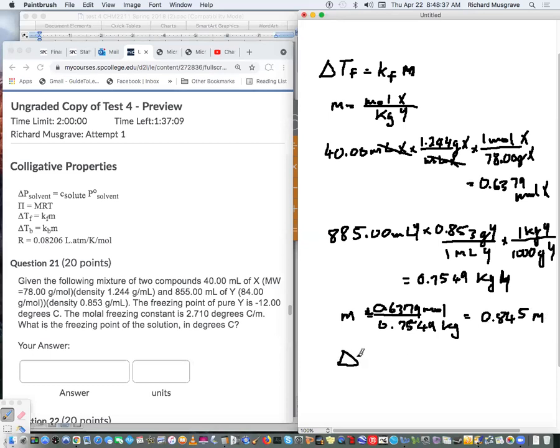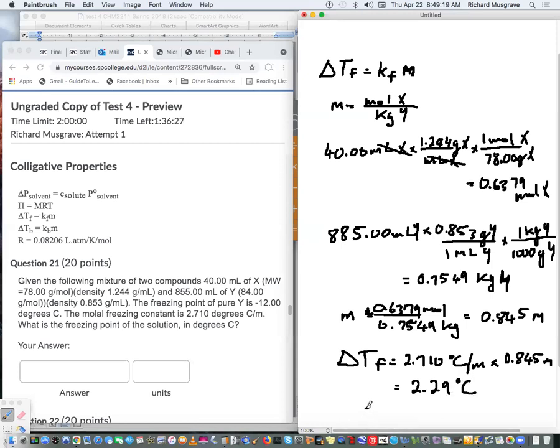And the delta TF then is going to be KF, 2.710 degrees Celsius per molal, times the molality, which is 0.845. And that becomes 2.29 degrees Celsius.